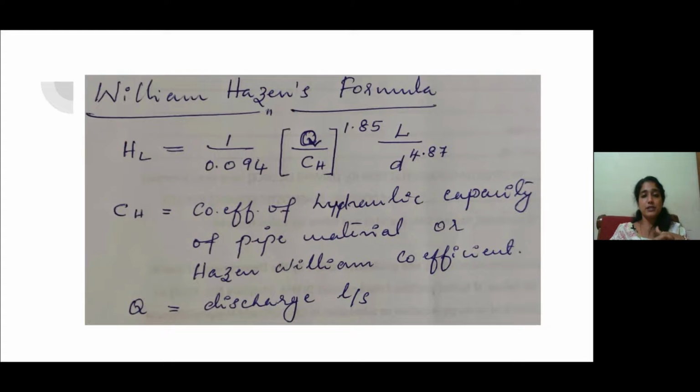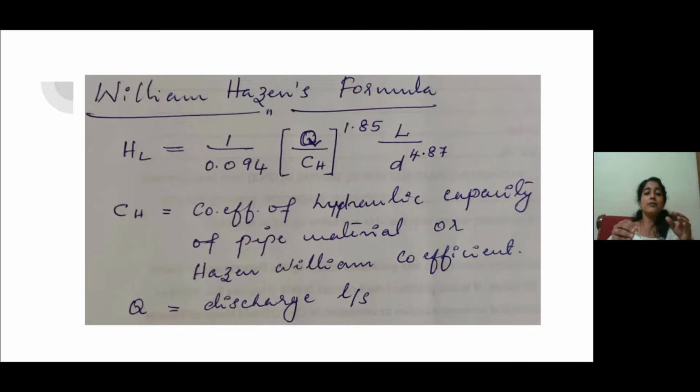Then the Hazen-Williams formula, that is HL is equal to 1 by 0.094 into Q divided by CH raised to 1.85 into L divided by D raised to 4.87. Here CH is the coefficient of hydraulic capacity of pipe material, or Hazen-Williams coefficient, and Q is the discharge in liters per second.